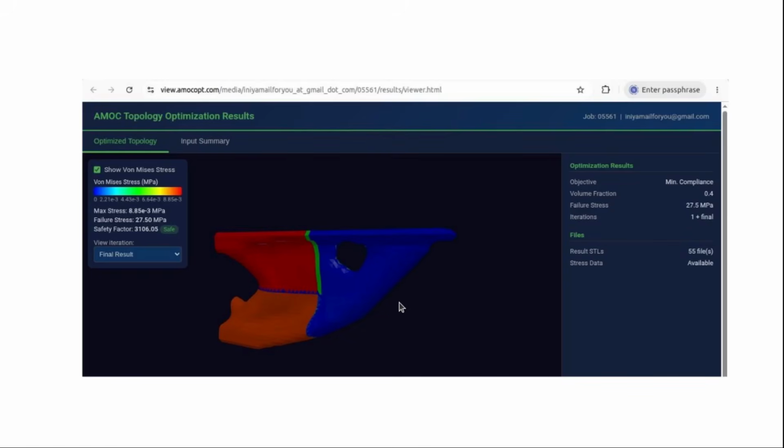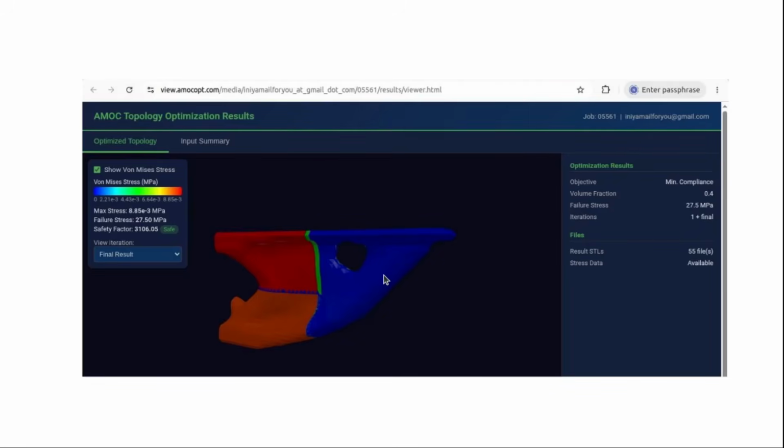So the tool kept the material up to 40% of the initial volume that lies along the load path and removed the rest. Okay, so why should I keep it at 40%? Why should I not further decrease it to 30%, 20% so that I will have a lighter and lighter leg? That is governed by the failure strength, because as I keep on removing material, the material which is currently present gets more and more stressed.